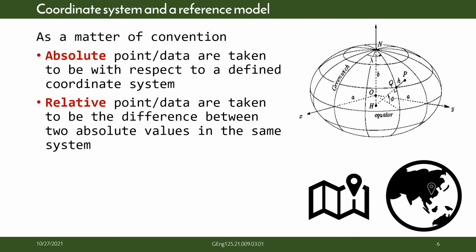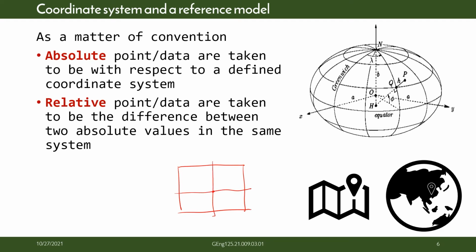As a matter of convention, we have two kinds of points or spatial data. First we have absolute, which are taken to be with respect to a defined coordinate system. Let us put it this way: we have your Cartesian system.